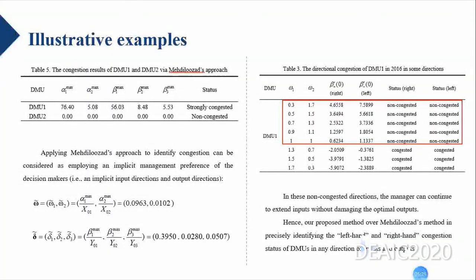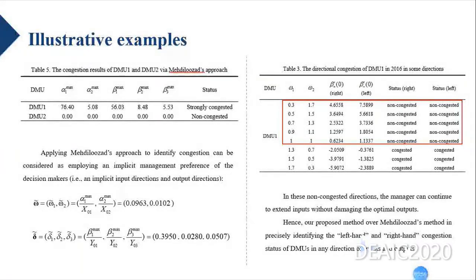They are represented as omega wave and delta wave. However, in actual management activities, the management preference of decision makers is always subjective, which may not necessarily correspond to the implicit directions determined by their models.